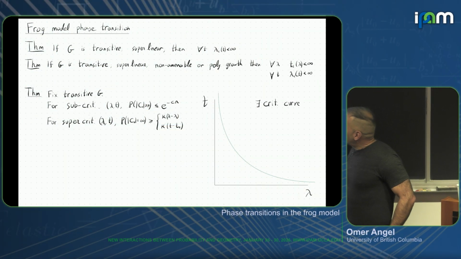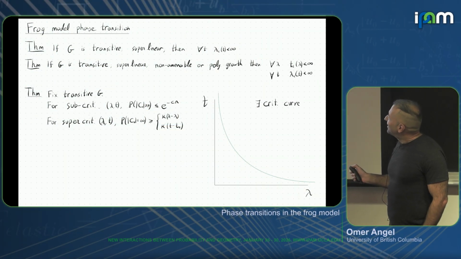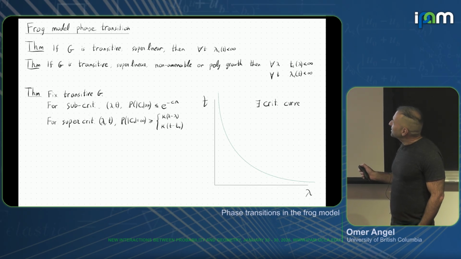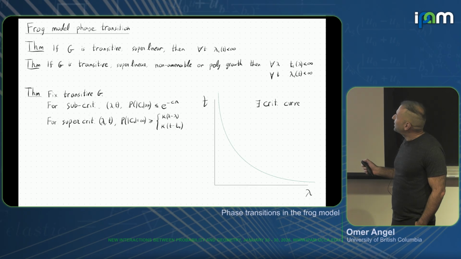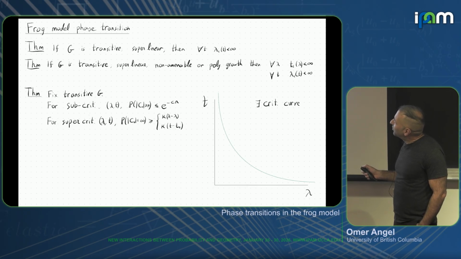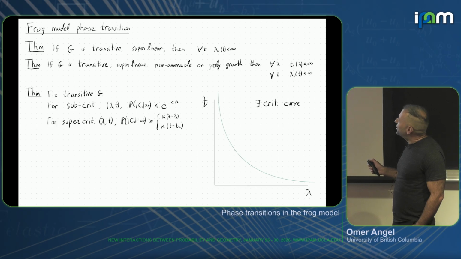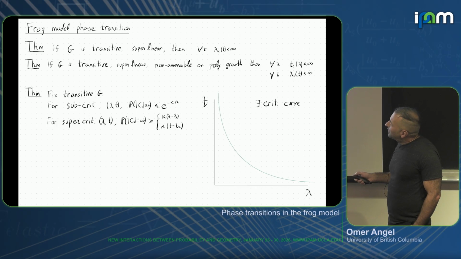The second theorem is slightly less general. For a phase transition in T, for a fixed lambda, when T is large enough, the process survives.